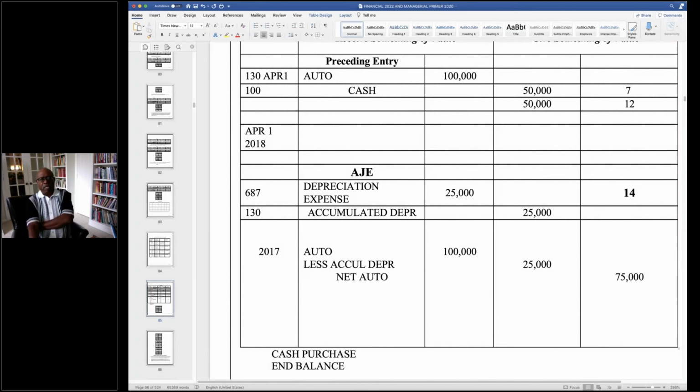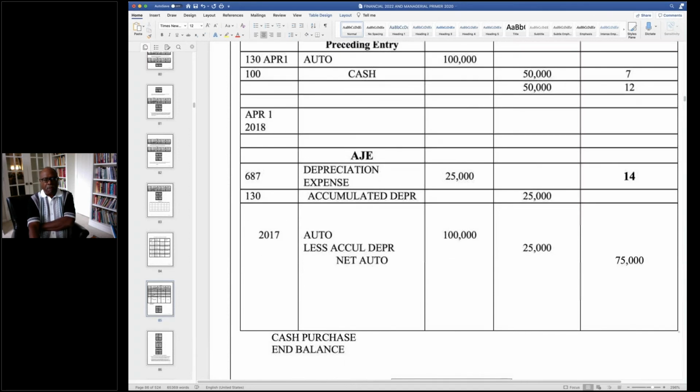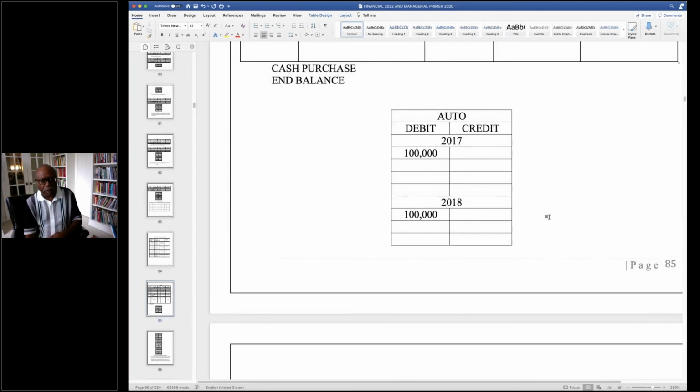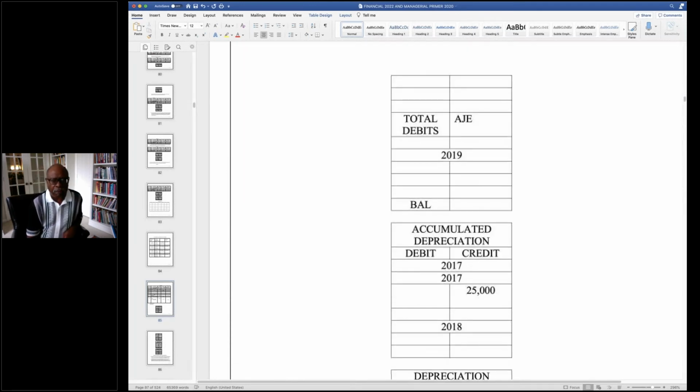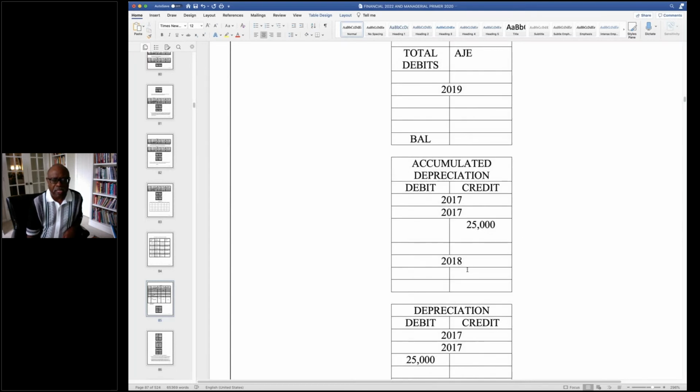So the entry is going to be the same thing. The first year is 25,000, second year, same thing. Let's go into the postings. We aren't doing anything with the auto. So in 2018, we're going to put another 25,000 in accumulated depreciation.